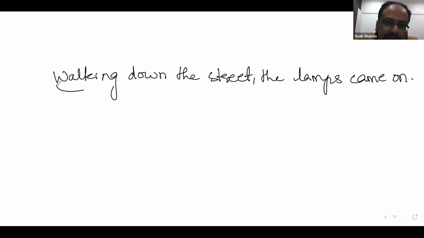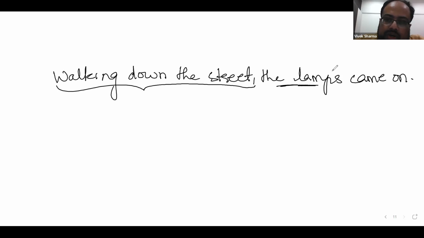What is the participle modifier? The participle modifier is walking down the street. What is it placed next to? It is placed next to the lamps. So in this sentence, it seems as if the lamps were walking down the street. And while the lamps were walking down the street, they came on, which doesn't make a lot of sense, right? Lamps are inanimate objects which cannot walk down the street, right?